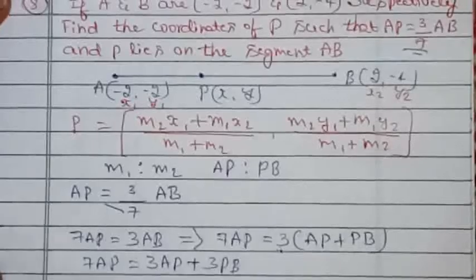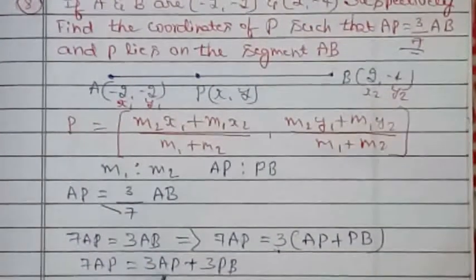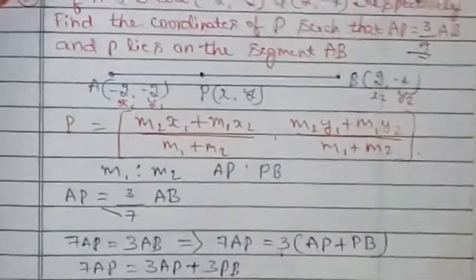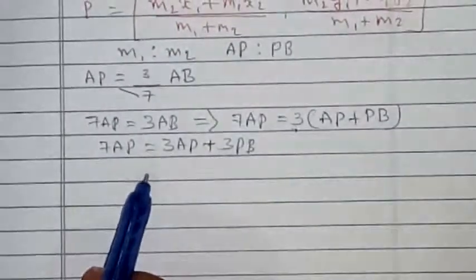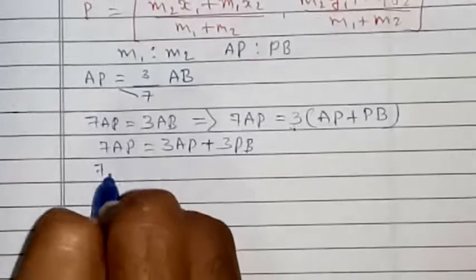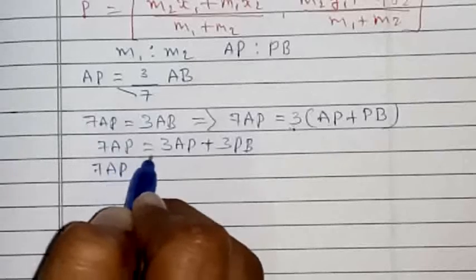Right, children? Now here just observe, here AP is there, here also AP is there. Having the same variable, take the same variable to one side, right? So that implies 7AP. Now I'm sending 3AP to the left hand side. Here plus is there.